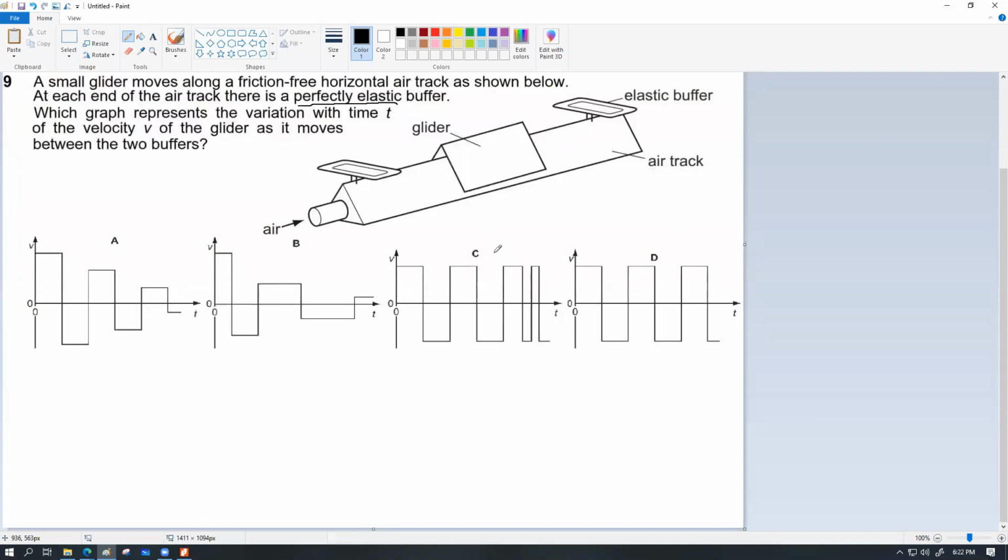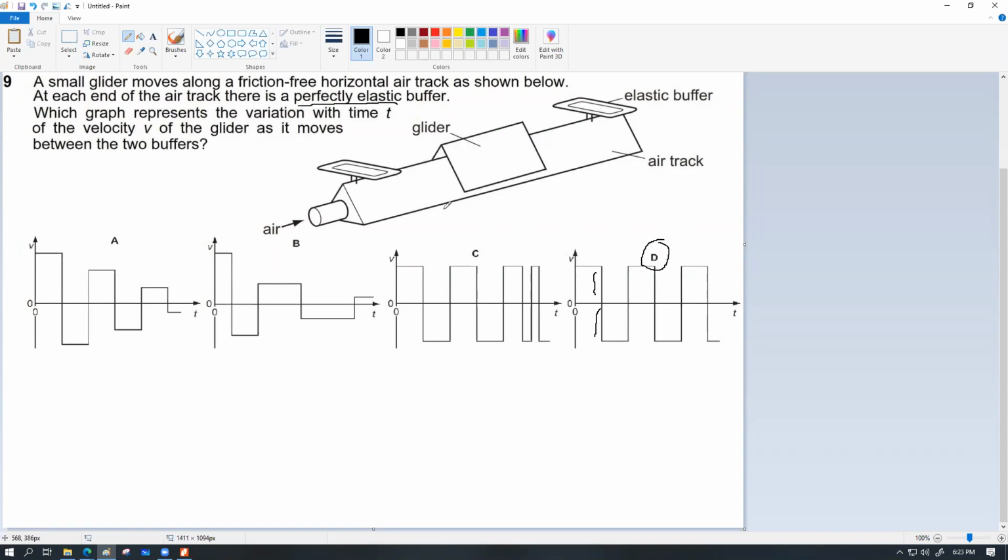So you'll only have velocity direction change, which makes the only correct option D. What it shows is, let's say the glider starts from here, goes from one buffer to another in a straight line and gets the velocity change, but these two magnitudes remain exactly equal. It then bumps backwards, so it now has leftward velocity, hence negative, and travels for the same amount of duration.